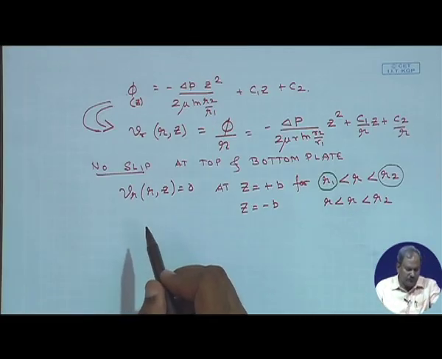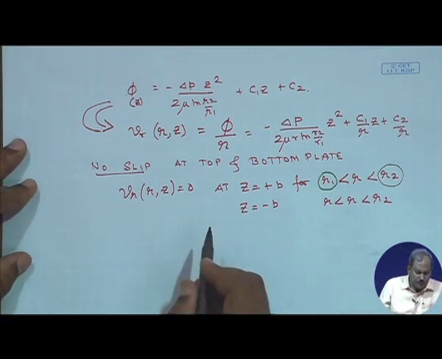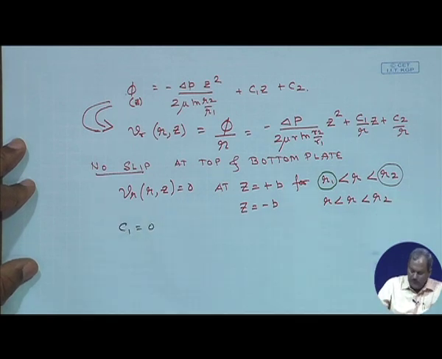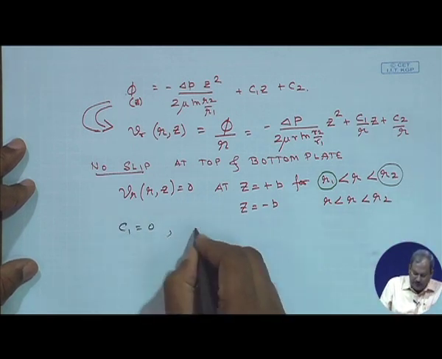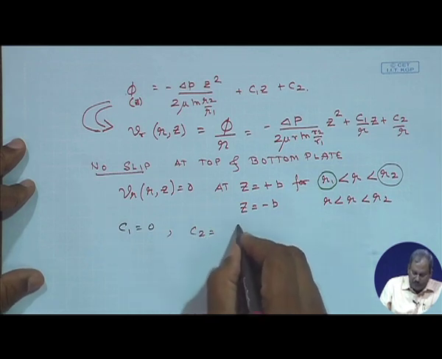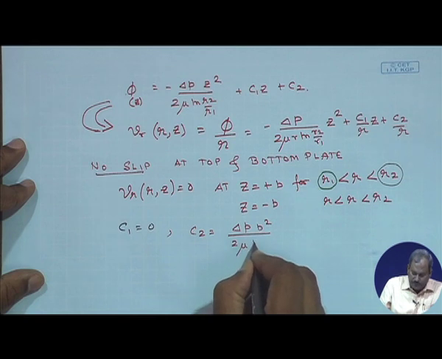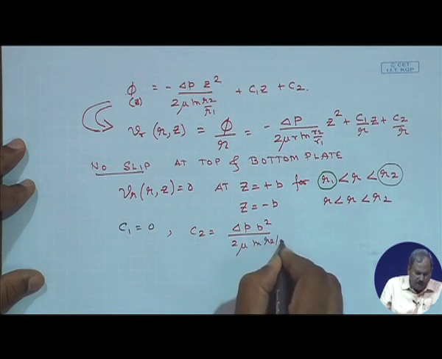So with these two boundary conditions, one should be able to evaluate C1, which would turn out to be equal to 0, and the expression for C2 would be equal to delta P b square by twice mu ln r2 by r1.